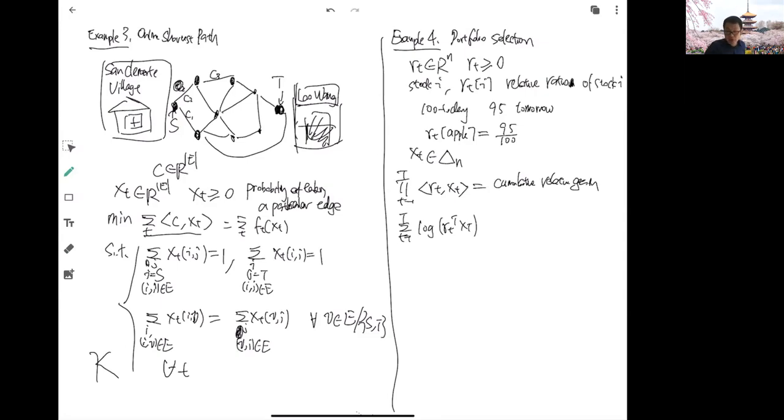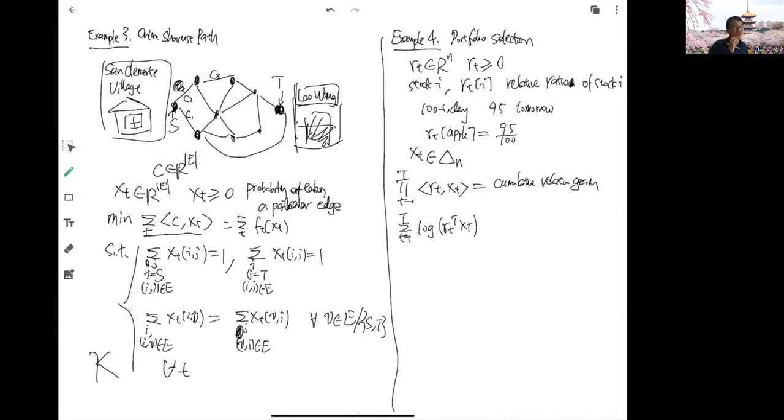So can anyone tell me what these individual functions are? This log RT transpose XT, is it convex or is it concave? Notice that X is non-negative and RT is also non-negative, so the log is well defined. Anyone? Is log convex or concave?